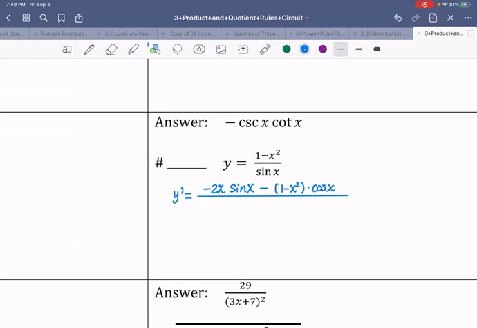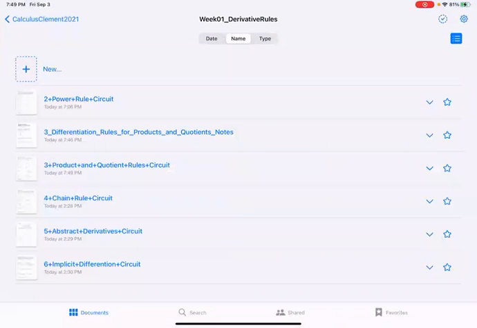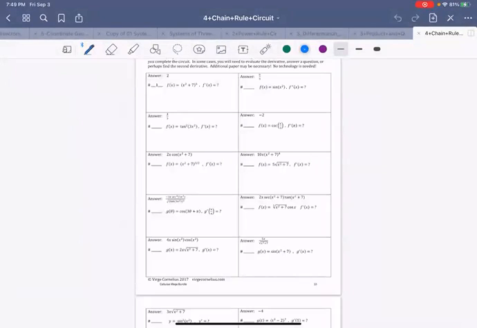And then over sine squared x. Okay, one more step. Minus cosine x plus x squared times cosine x, right? Yeah. All right. I believe this part is not hard.